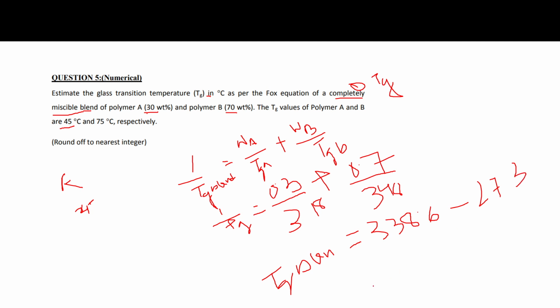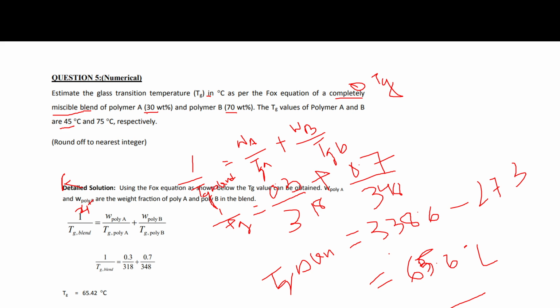After that you get the Tg of the polymer blend, which is coming around 63.6, so around 65 degrees centigrade, right?